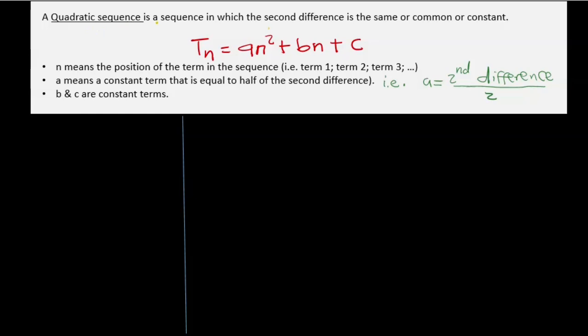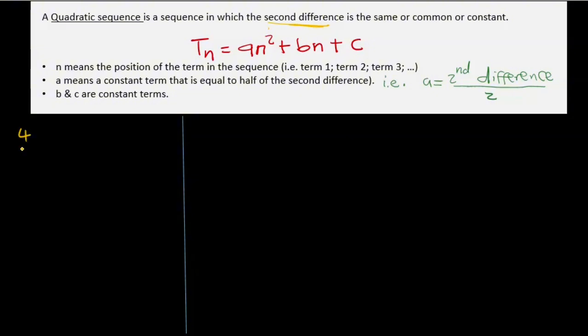A quadratic sequence is a sequence in which the second difference, right? Second difference. So let me explain what a difference is in number patterns. To help me explain that, I'm going to use an example.